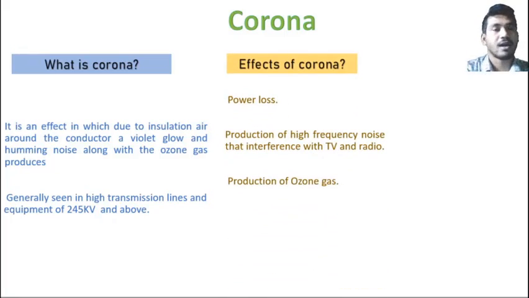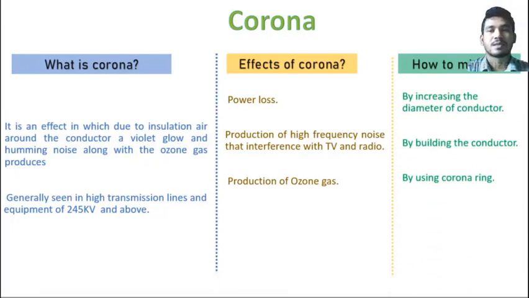Effects of corona: loss of power, production of high frequency noise that interacts with nearby television or radio, production of ozone gas. And how to minimize? By increasing the diameter of the conductor, by bundling the conductor, by using the corona ring.